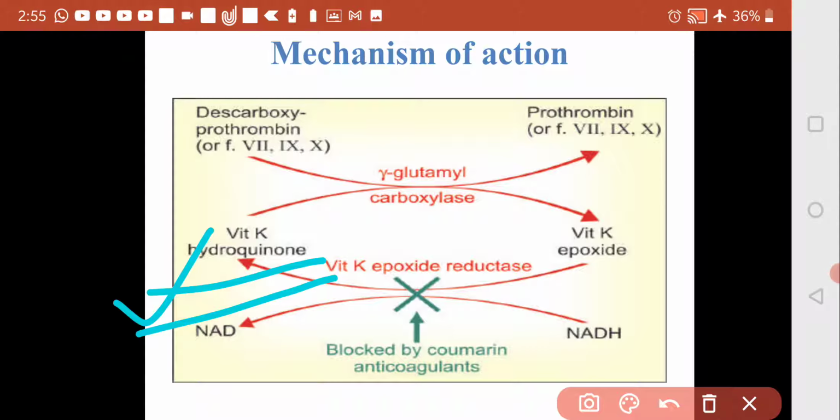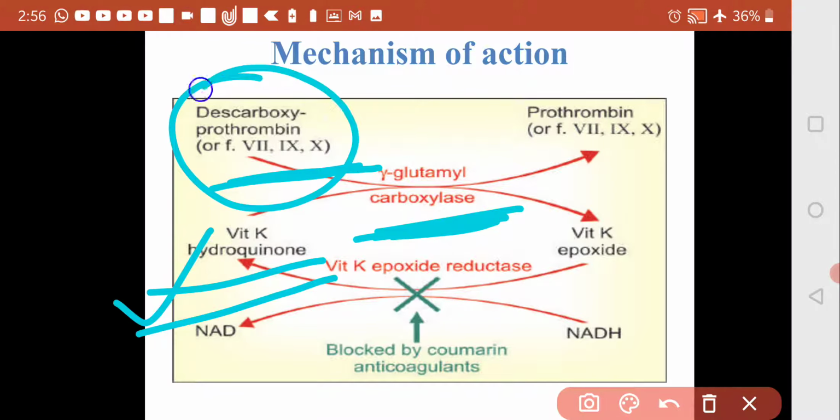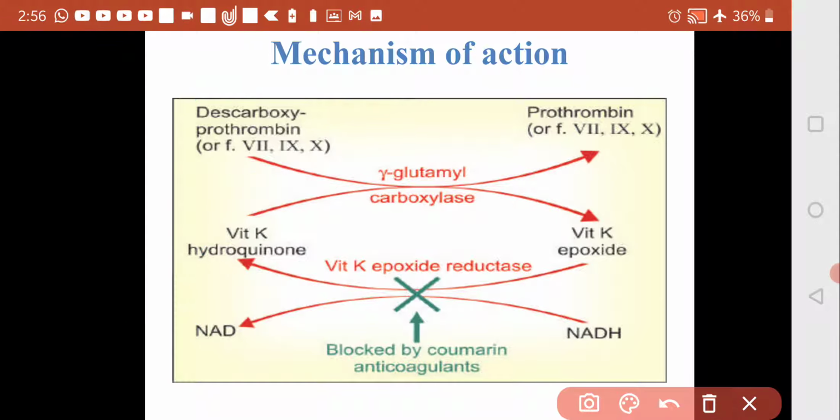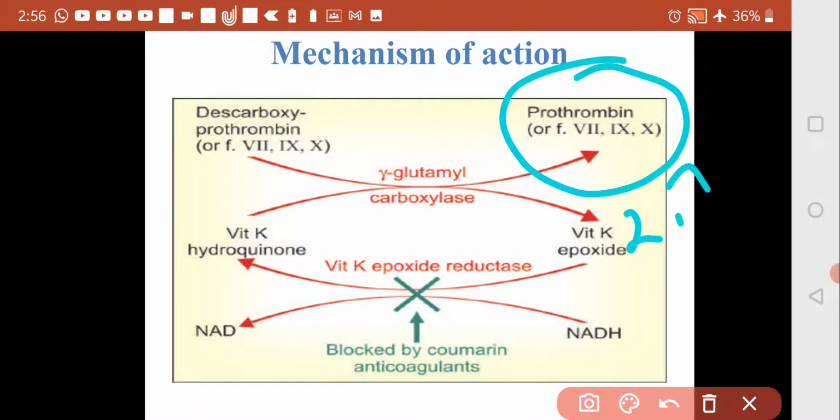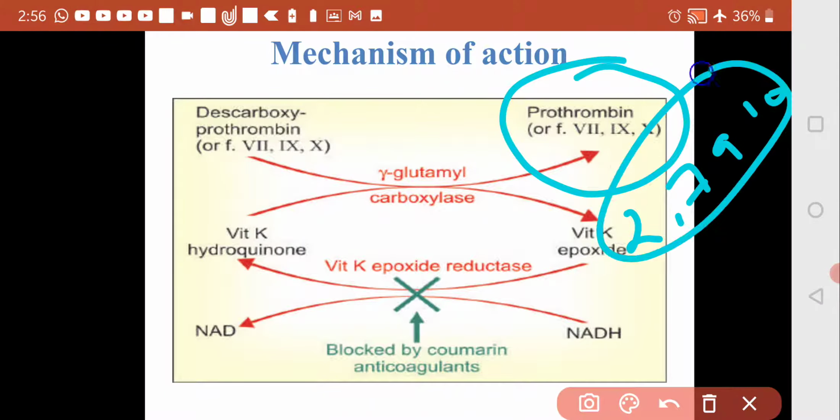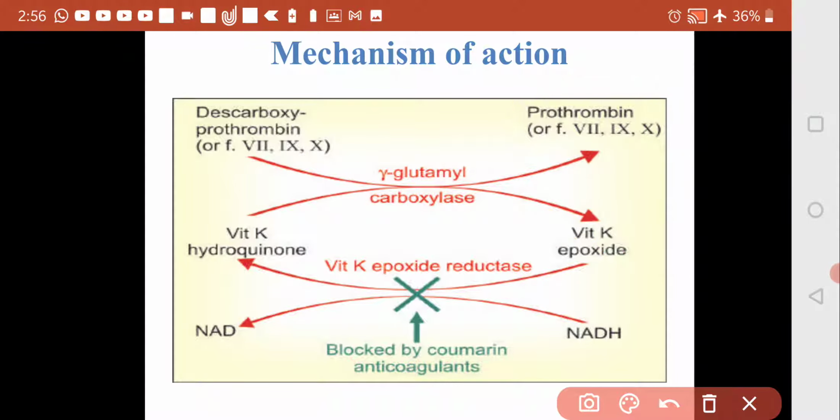So there is no gamma carboxylation of the glutamate residues of factors 2, 7, 9 and 10. So there is no formation of the activated factors 2, 7, 9 and 10. So they are inhibited, and ultimately there is an anticoagulant effect.